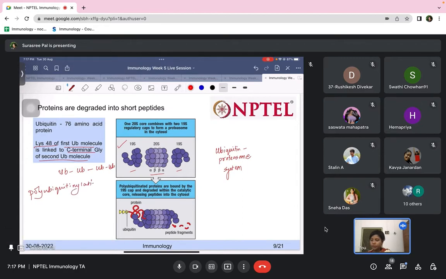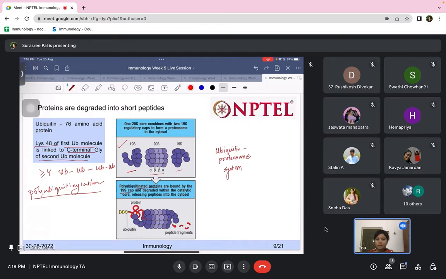Many ubiquitin molecules will be added, at least 4, to the target protein, and then these polyubiquitinated proteins are recognized by the 19S cap.